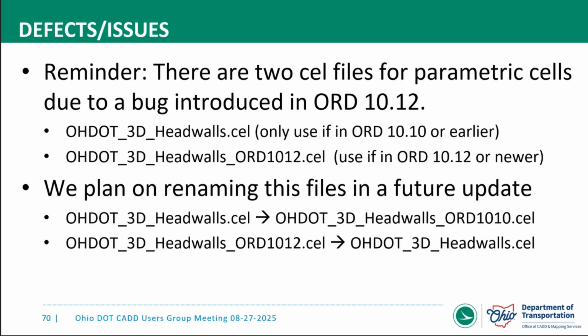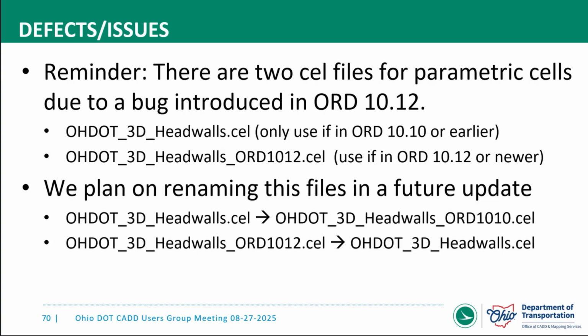While we're talking about those, I want to remind everyone, you probably noticed there are two cell files out there for our parametric cells. One says 1012 on it, and one doesn't. This was to fix another bug that happened back in 1012, where it decided to flip the math on the wing wall, so instead of being outwards, it's inward on one side.